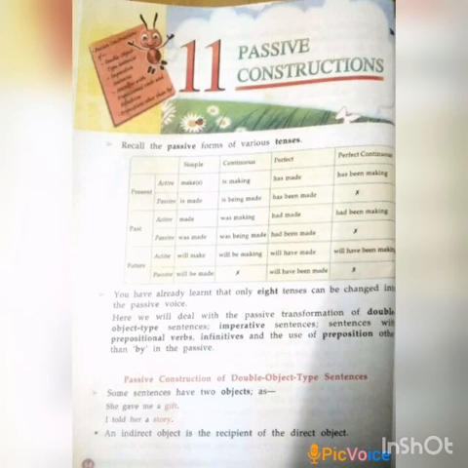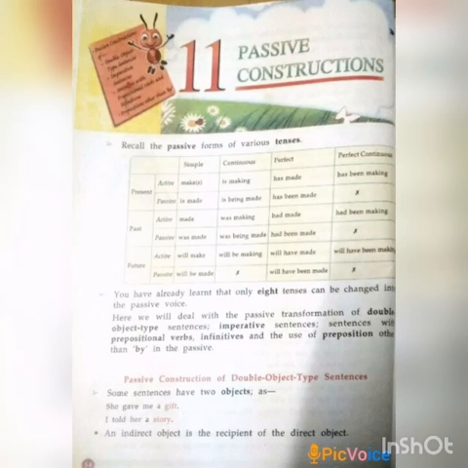Before we enter this topic, first we should learn what is meant by tenses. You know it has three types. What are they? Yes, present tense, past tense, and future. Here it has four types, that is, simple, continuous, perfect, and perfect continuous.